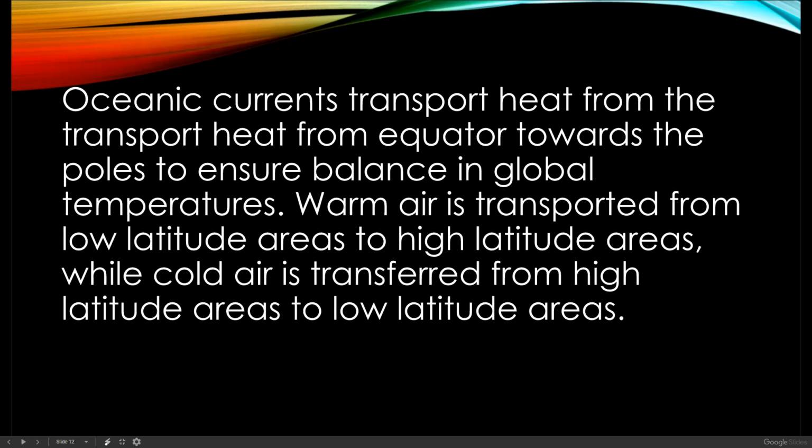Why is warm air transported from low latitude to high, and why is cold air transported from high latitude to low? Why do you think so?